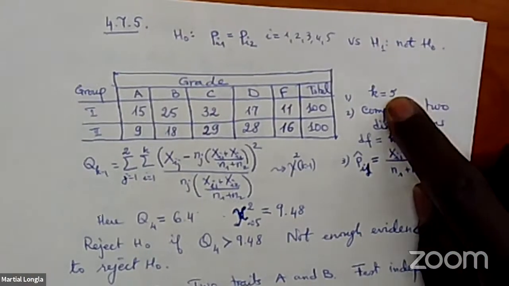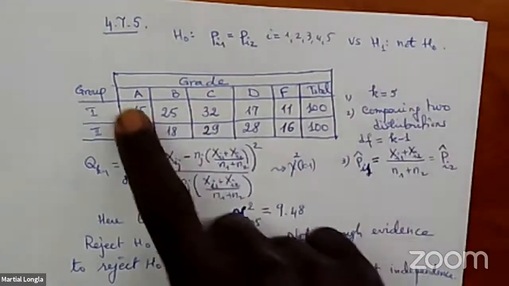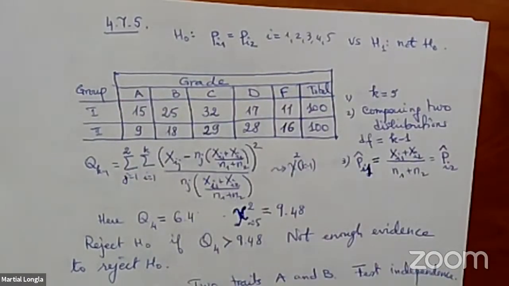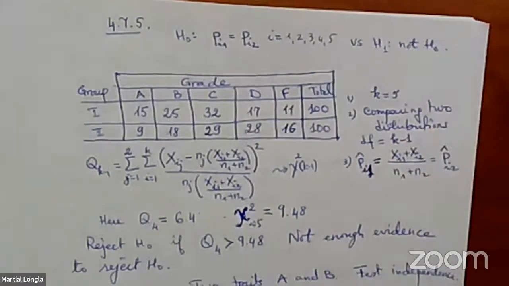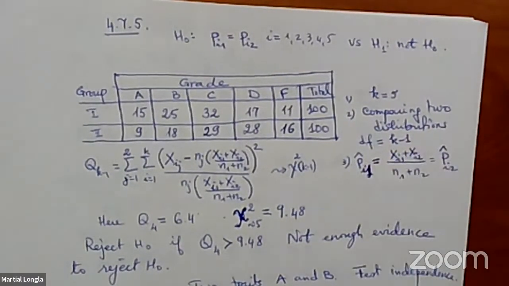So in this case, you have k equals 5. That's 5 levels of the multinomial, and you're comparing two distributions. So the df is k minus 1.